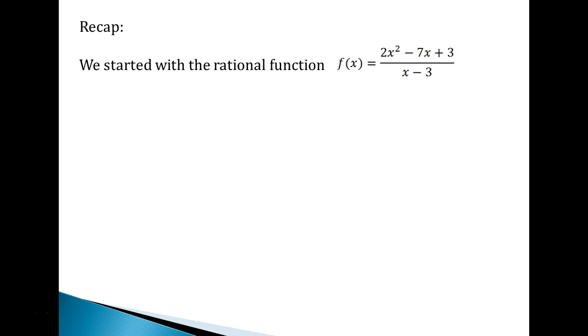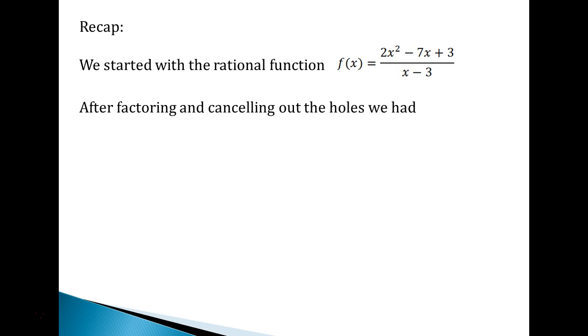So let's recap, because we did a lot. We started with this rational function. We found the horizontal asymptote and the y-intercept, and then after factoring it, we canceled out the holes. And we ended up with this linear function, f of x is equal to 2x - 1.